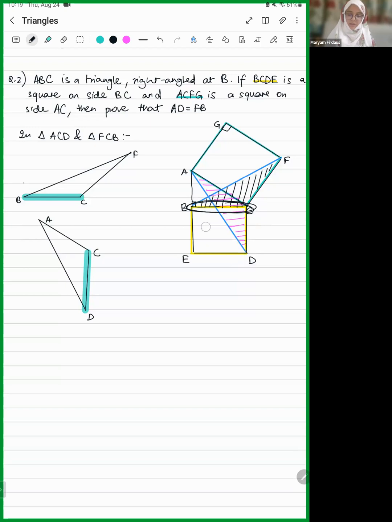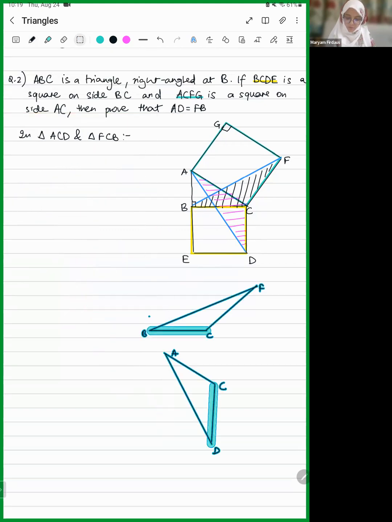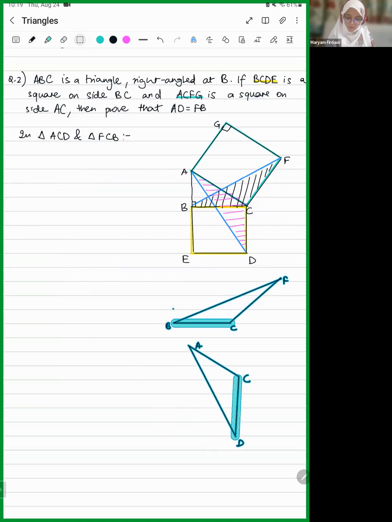Yeah, they are the sides of the same square. So I am going to just shift this over here. So in these two triangles, BC is equal to CD, sides of same square. Anything else?